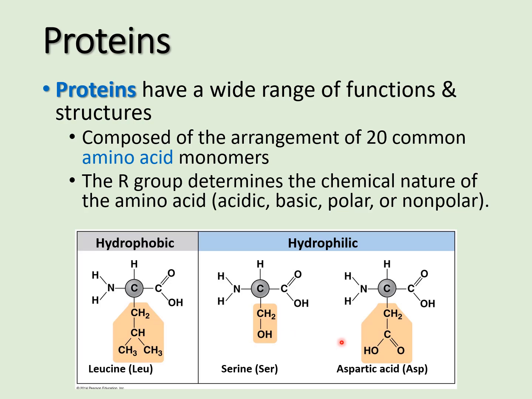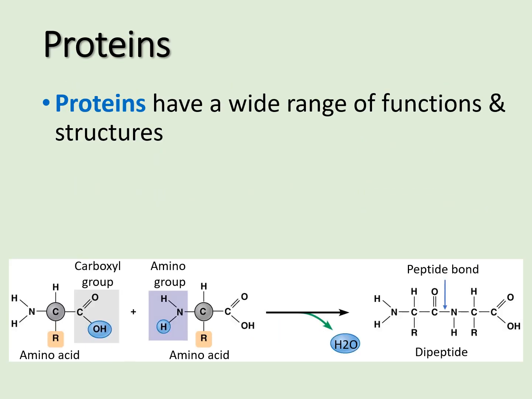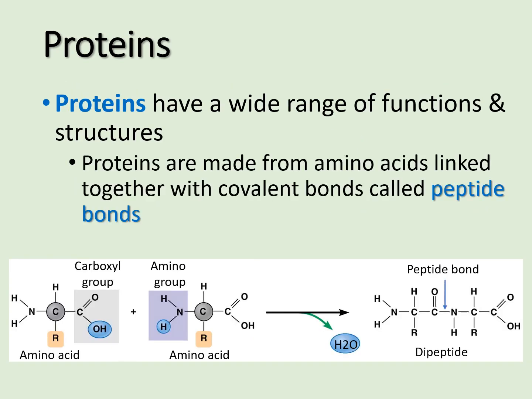So that's what that R functional group determines, right? So such as this amino acid, leucine, is hydrophobic, okay, because of that R functional group, whereas these two, serine and aspartic acid, are hydrophilic. Okay? So it just depends on that R group, and it gives it its specific chemical properties.